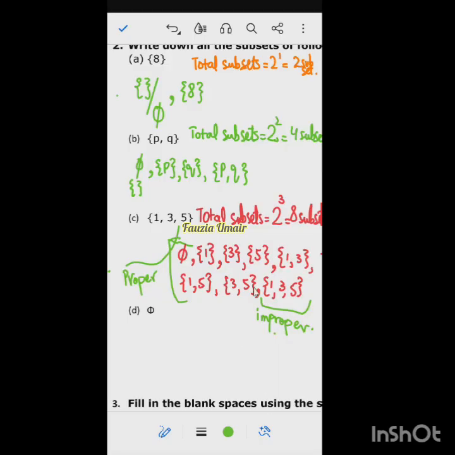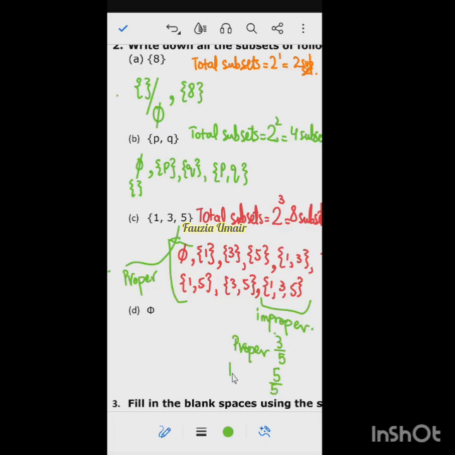I have linked this concept with fractions. You know that a proper fraction is when the numerator is smaller than the denominator, for example 3 by 5, which is 3 parts out of 5 parts. But if we write 5 by 5, this is not really a fraction; if you notice, it is now a whole.